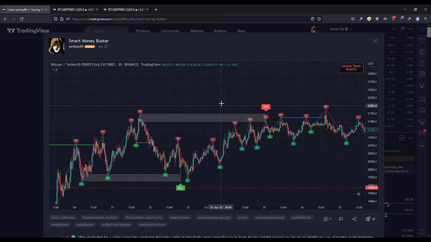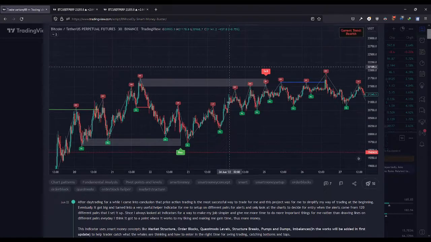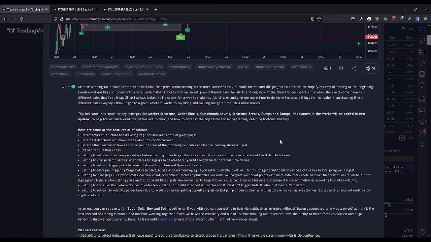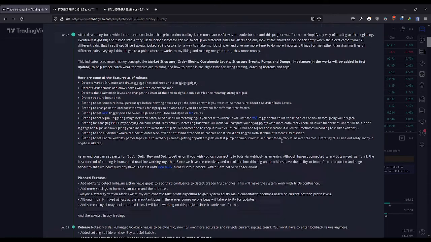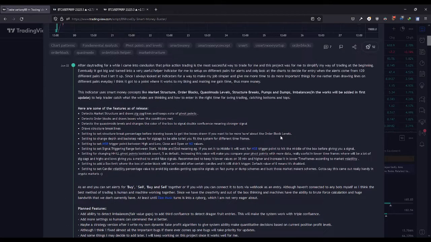So without further ado, I don't want to take a lot of your time. I want to talk about some of the things that this indicator can do and how it can improve your trades, how it will reduce the time you spend in front of the computer and give you a lot of value in your trades, the way you can improve.